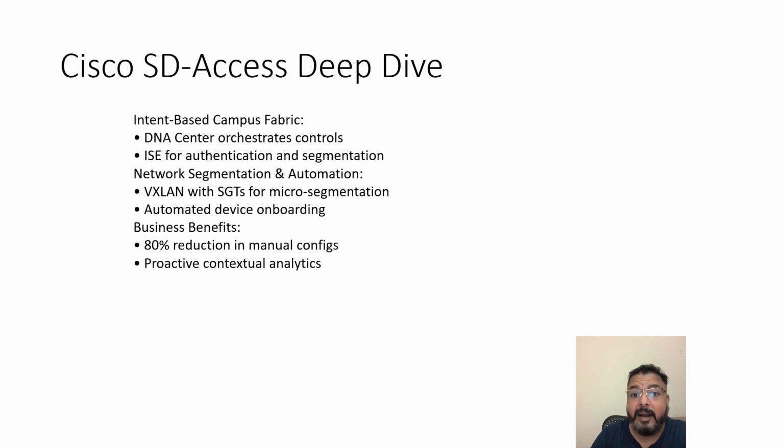That device is identified, given the right profile, and assigned to the correct segment with needed security and quality of service policies. Now, there is no tedious paperwork, no complex spreadsheet, no team of engineers running here and there with console cables to help them.